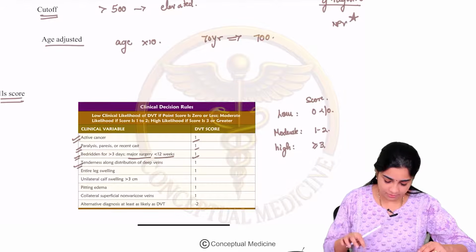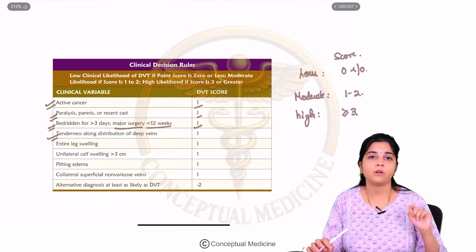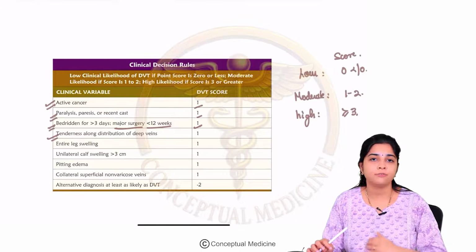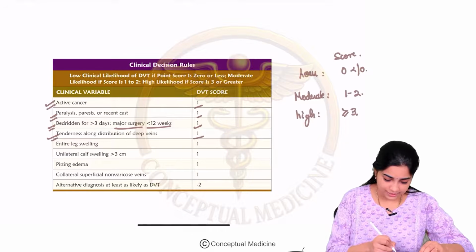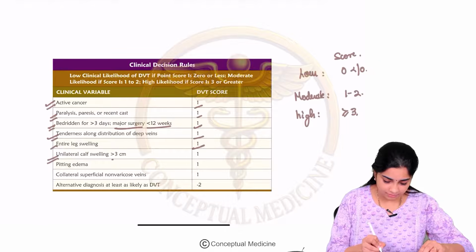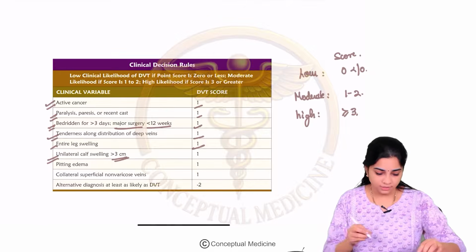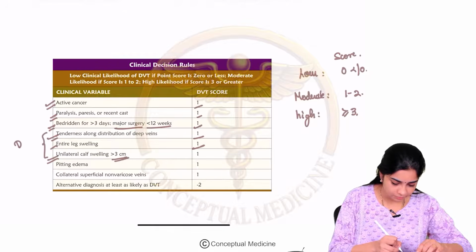Tenderness along the distribution of the deep veins is also a very, very important clinical finding, especially for a deep vein thrombosis, and is given a score of 1. Entire leg swelling is given a score of 1. Unilateral calf edema more than 3 cm. All these 3 points are especially in favor of a deep vein thrombosis.